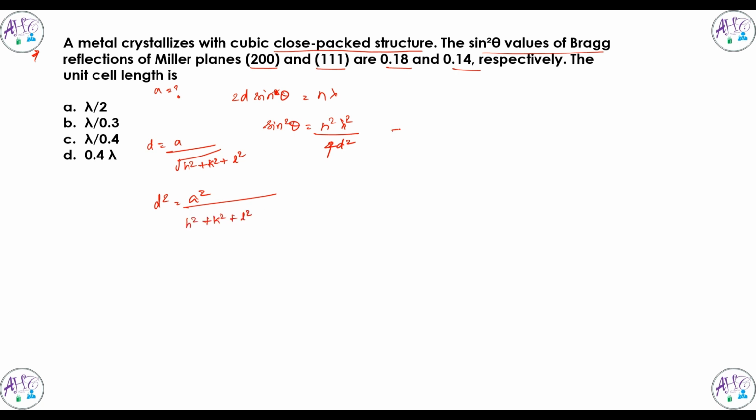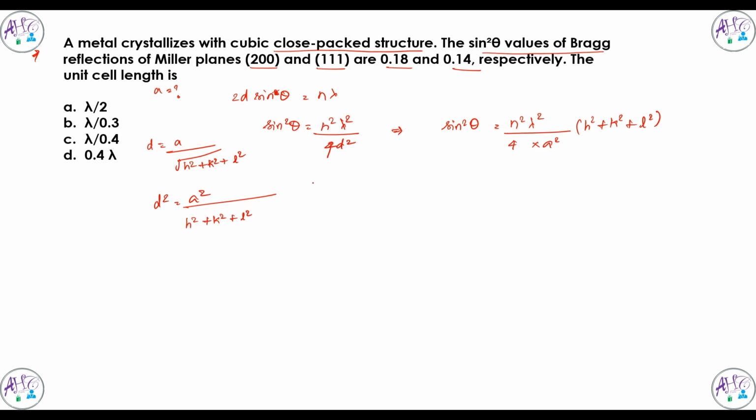So if you substitute, your sin square theta is going to be equal to n square lambda square by 4 into a square into (h square plus k square plus l square). So we know that h square plus k square plus l square is going to be your plane.